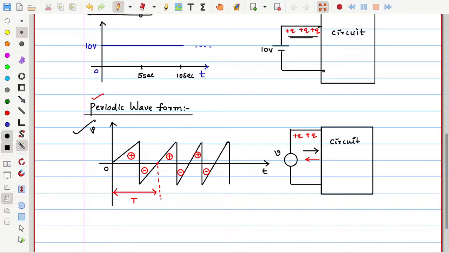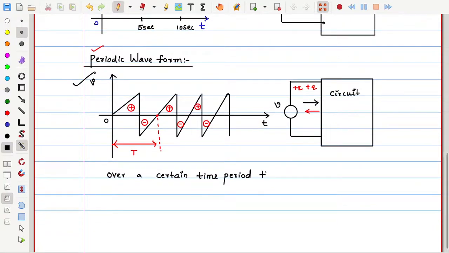So ultimately, over a certain time period, how much is the effect of AC in comparison with DC?